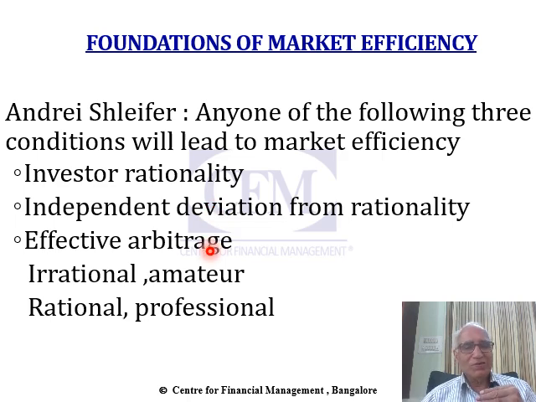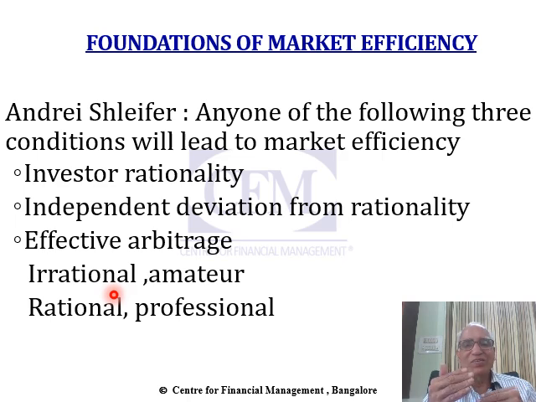Effective arbitrage. Even if investor errors are correlated, as long as effective arbitrage takes place, market prices will be good proxies of intrinsic values. To understand how effective arbitrage may occur, let us assume that the market can be divided into two kinds of players: irrational amateur investors and rational professional investors.